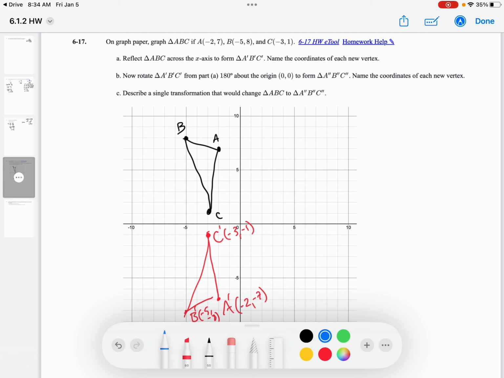So if I rotate C 180 degrees, it's going to end up here at 3, 1. And if I rotate A 180 degrees, it's going to end up here. So this is C double prime. A double prime is at 2, 7. And if I rotate B 180 degrees, it's going to be at 5, 8.